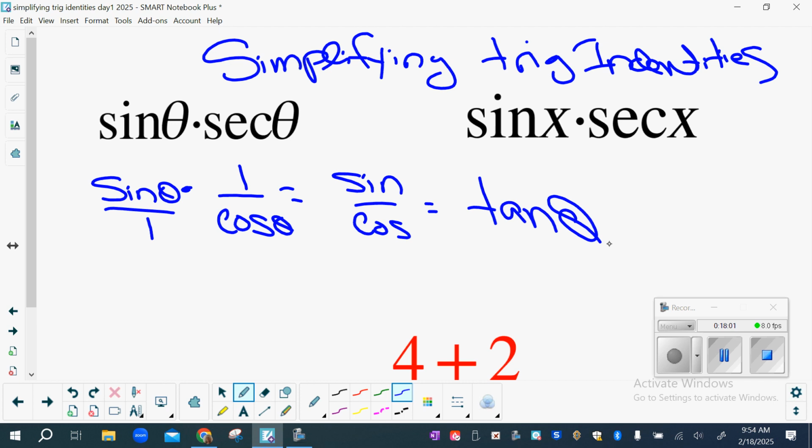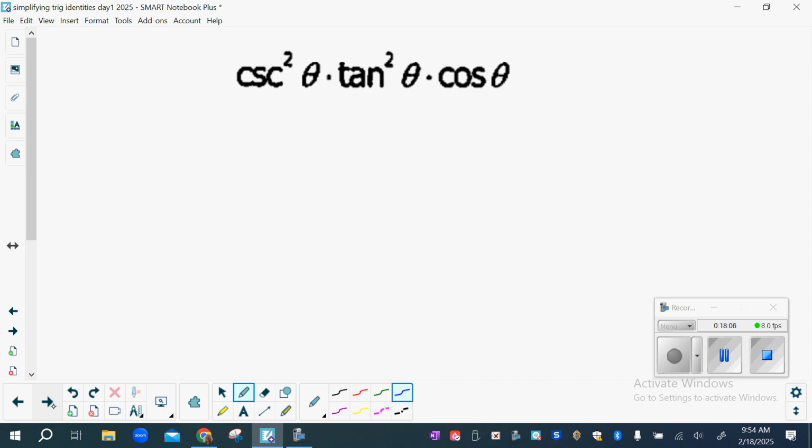Okay, let's step up our game a little bit. How about this one? Look how messy it is. That guy's going to clean up to be one tiny word. Give it a try. Rewrite those things.